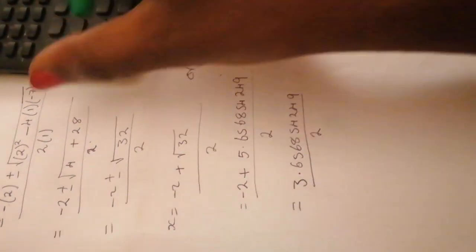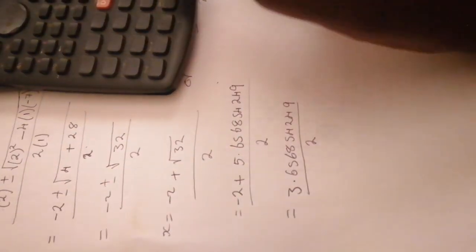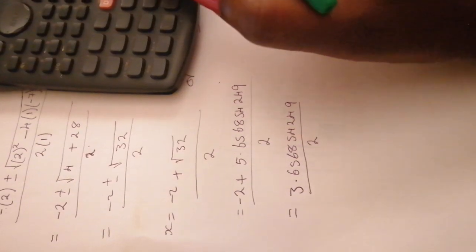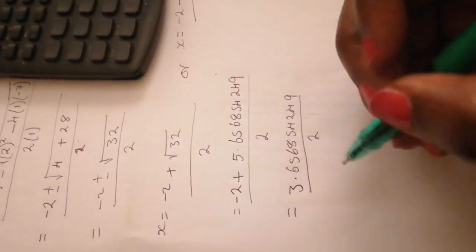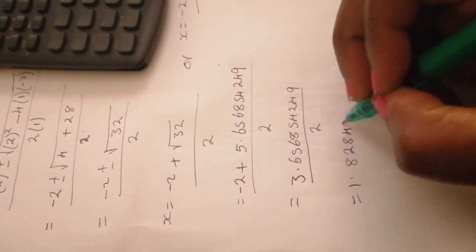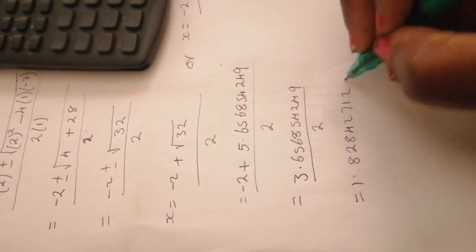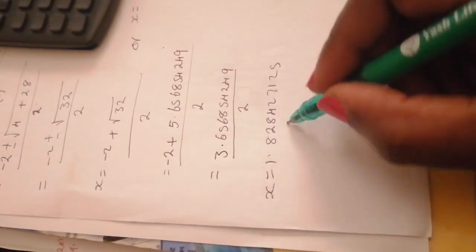Dividing this number by 2, we are getting 1.82842725. So when we use addition, x is this.